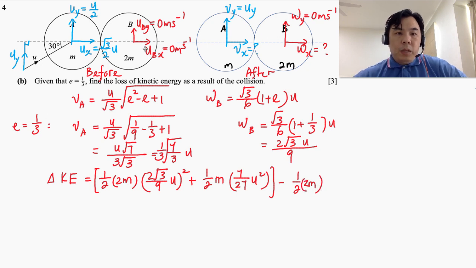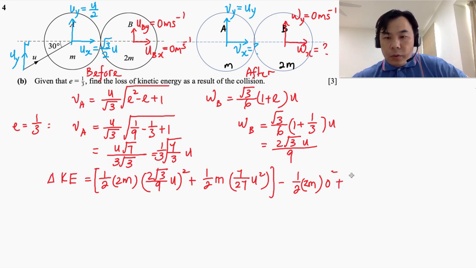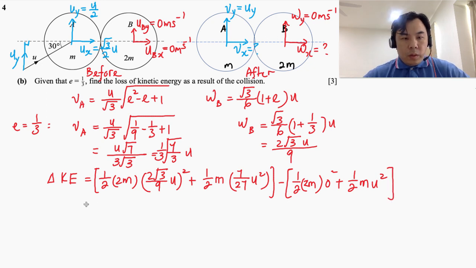So for B, there is no kinetic energy here. But for A, yes. Okay, for A, it's just u, so u squared. Okay, just let me try to finish this. This one will be m. You get a 4, 27 here, u squared.